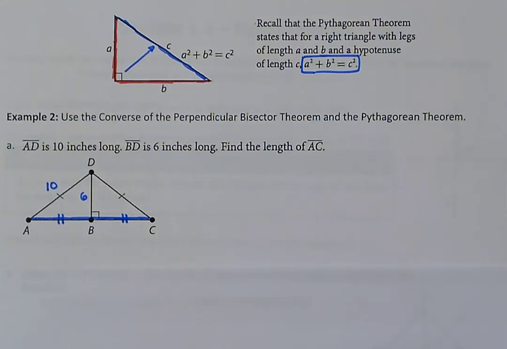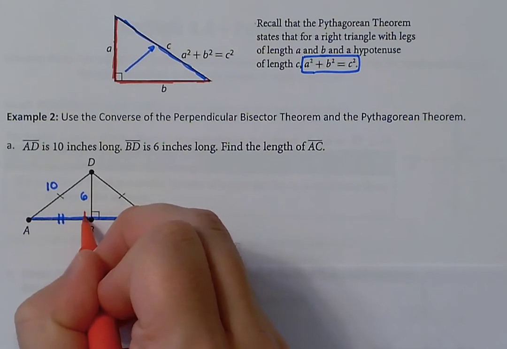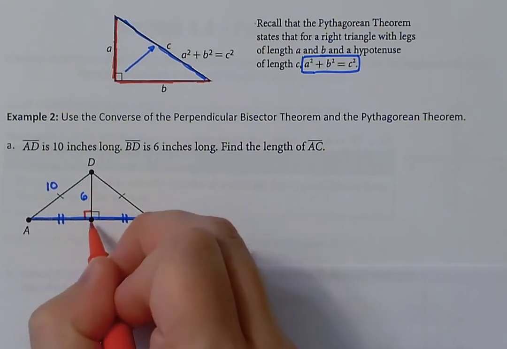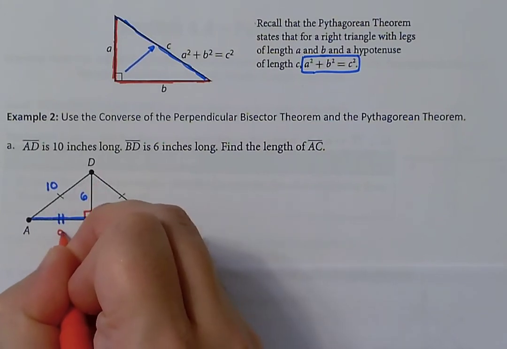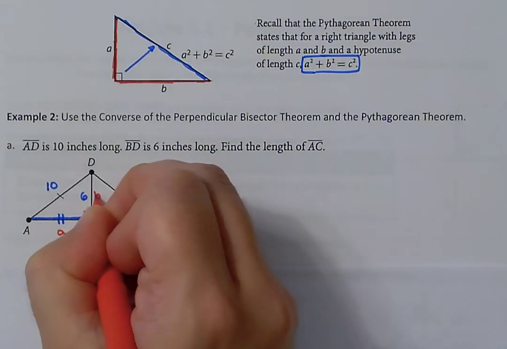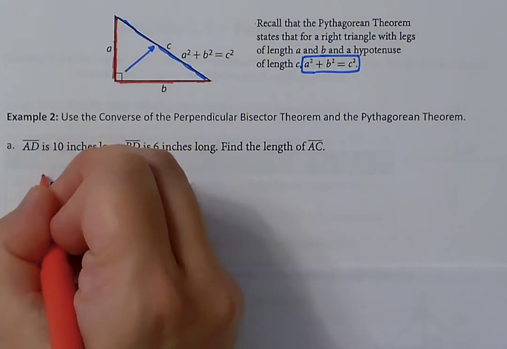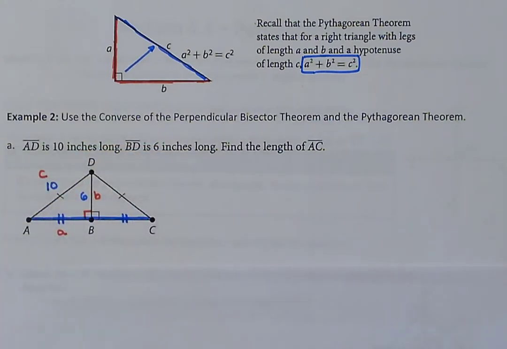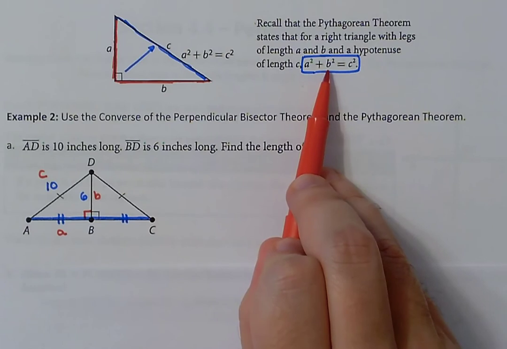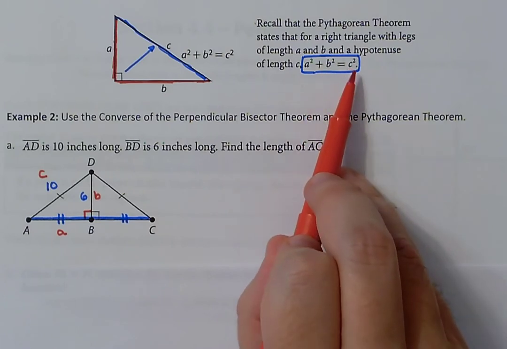So we're going to use the Pythagorean theorem. To use it, remember the two sides that form my right angle are considered my a and my b, and the side opposite is my hypotenuse, so this is going to be c. The Pythagorean theorem states a squared plus b squared equals c squared.